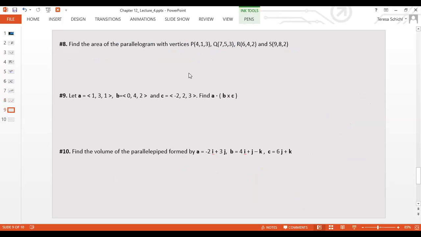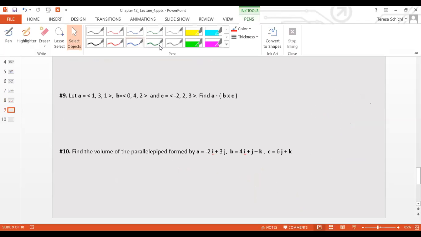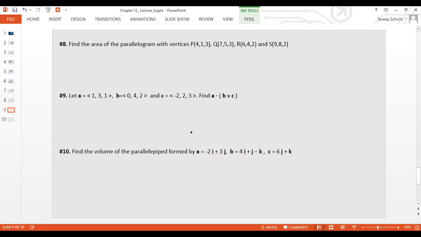Okay, so now let's take a look. Find the area of the parallelogram with the vertices PQRS. Because they give you 4 points, I can let the vector A be equal to PQ.